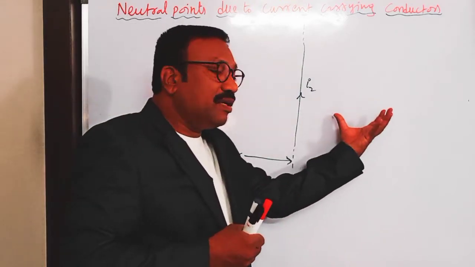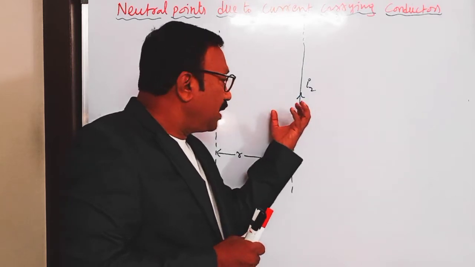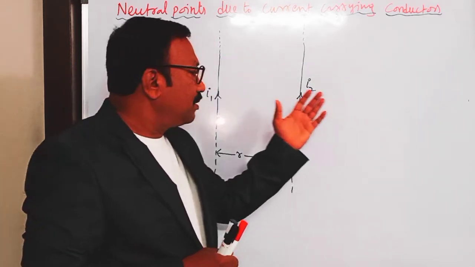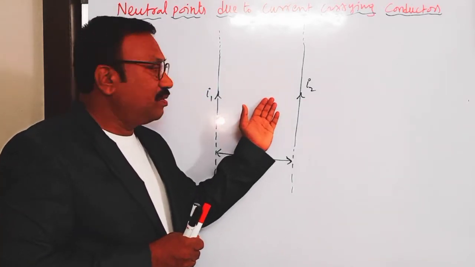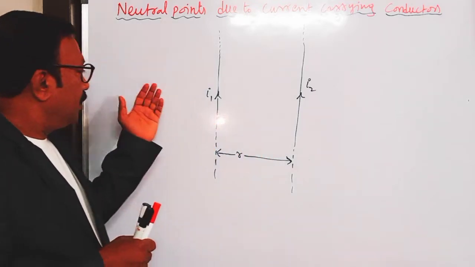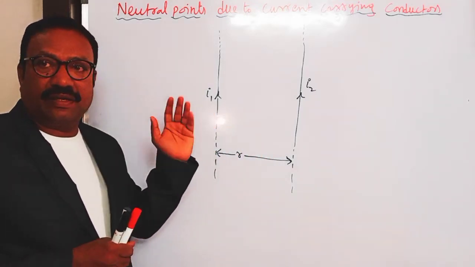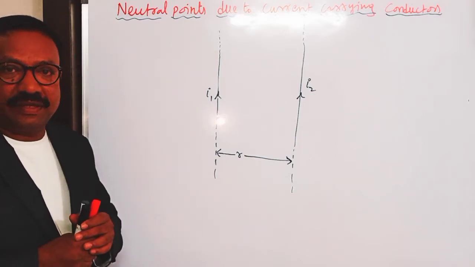Here you will have both magnetic fields: magnetic field due to first conductor, magnetic field due to second conductor. Similarly, here also B1, B2, due to first conductor, due to second conductor. So like this, the magnetic fields are present here.